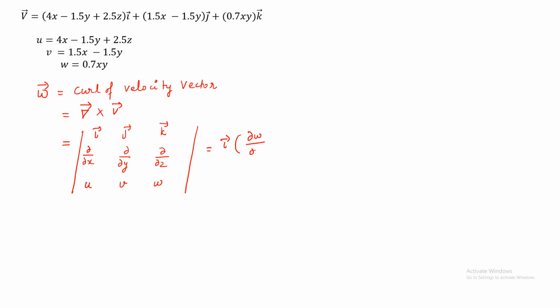Now if we expand this, we get i times (dou w by dou y minus dou v by dou z), minus j times (dou w by dou x minus dou u by dou z), plus k times (dou v by dou x minus dou u by dou y).